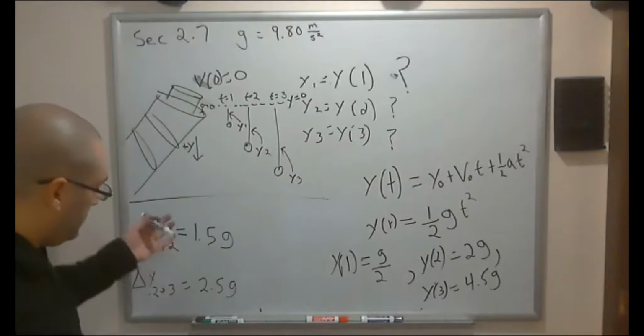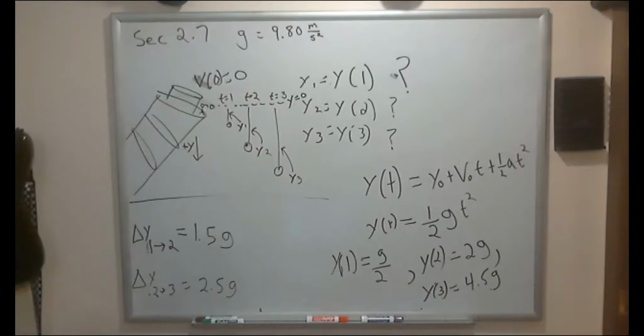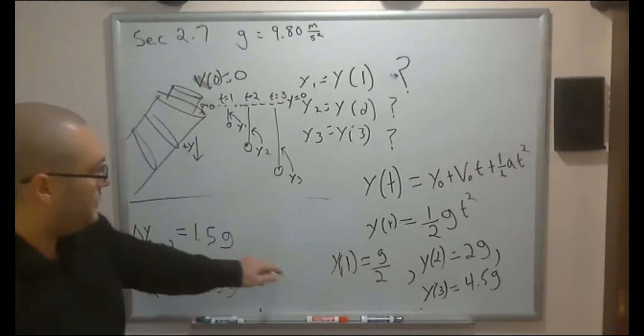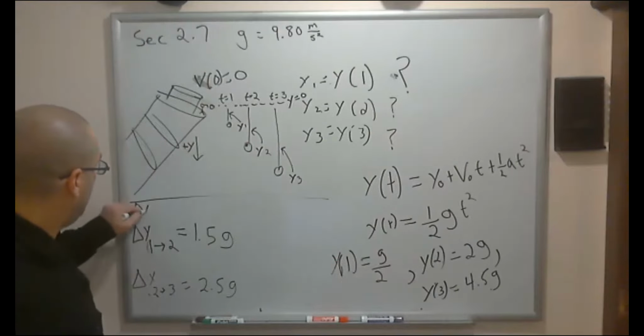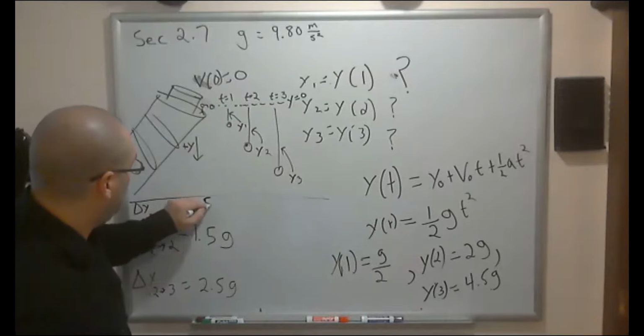I'm just estimating off the top of my head. All right. And then from 0 to 1, it's only traveling 0.5. So from 0 to 1, it's only going 1.5. Right?